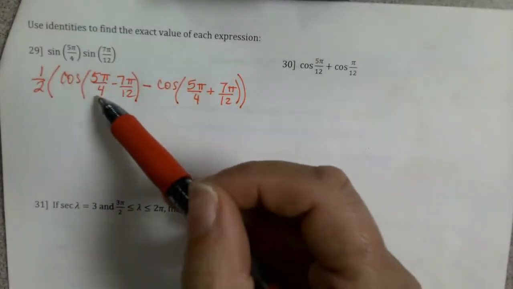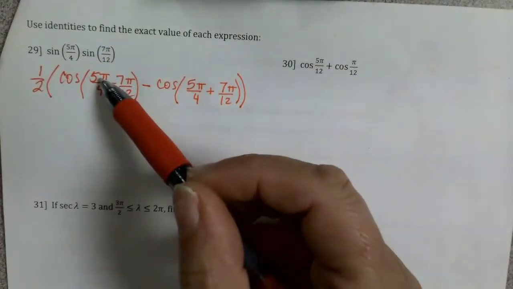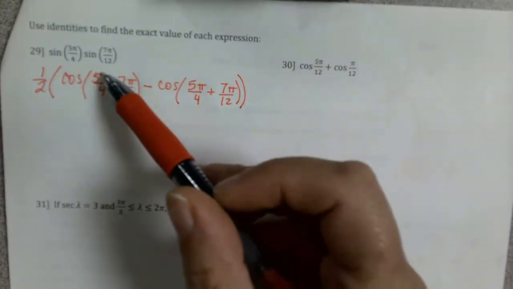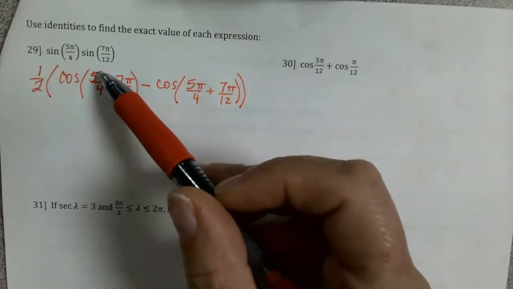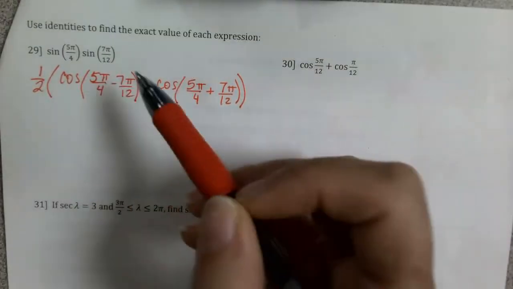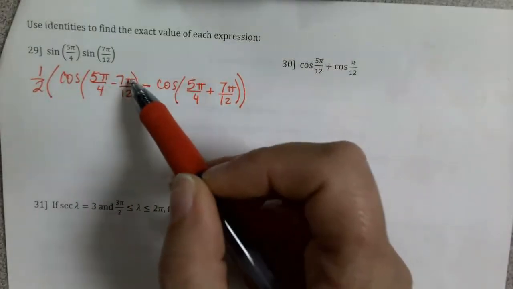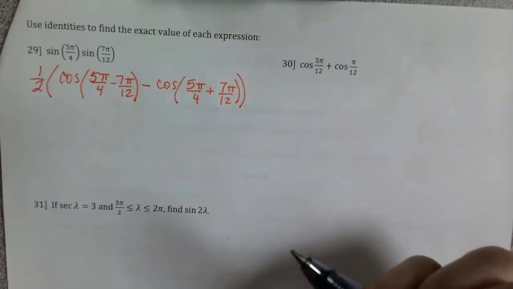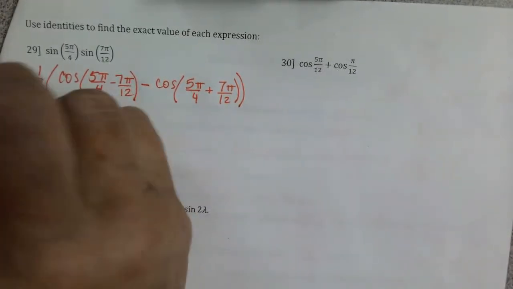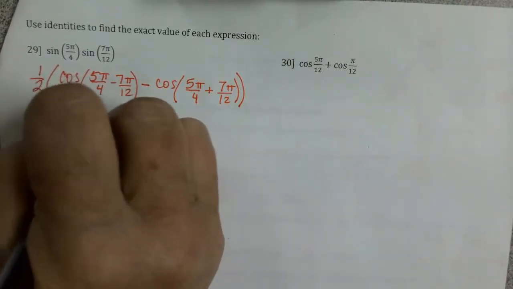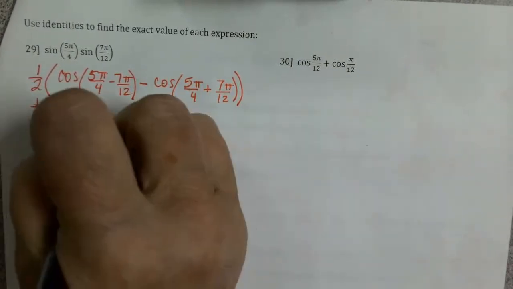So getting a common denominator, we'd multiply the numerator by 3 over 3, sorry. We'd have 15π/12 minus 7π/12, which is 8π/12, and that reduces to 2π/3.